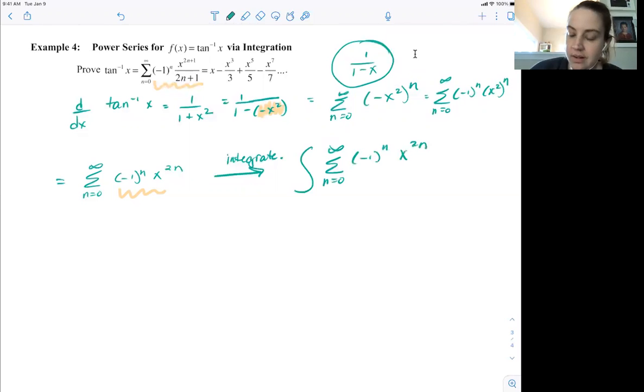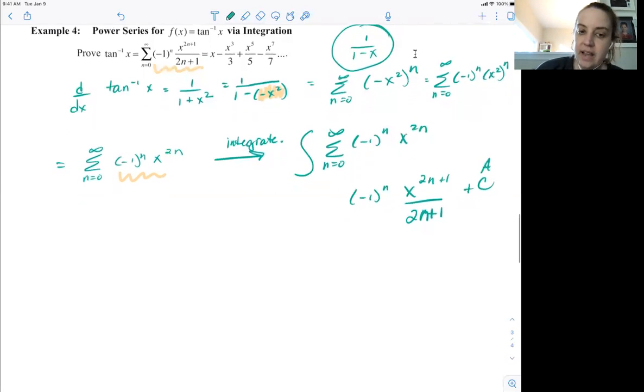Well, the negative 1 to the n stays the same. You integrate the x piece, that's your variable. So this would be x to the 2n plus 1 all over 2n plus 1. And then plus c on the end. I think our formula up above called it an a, but an a or a c. And that's what it looks like.